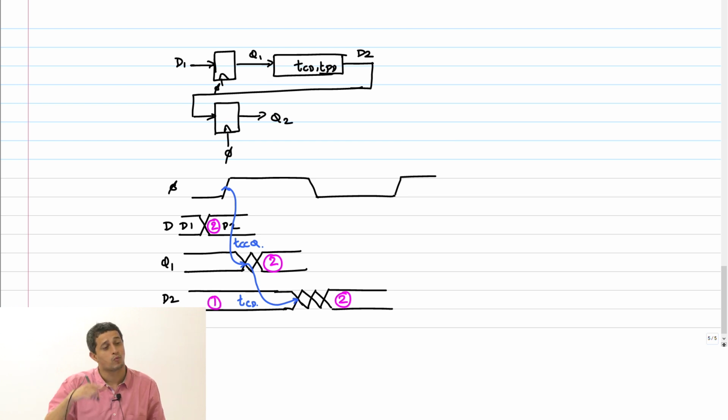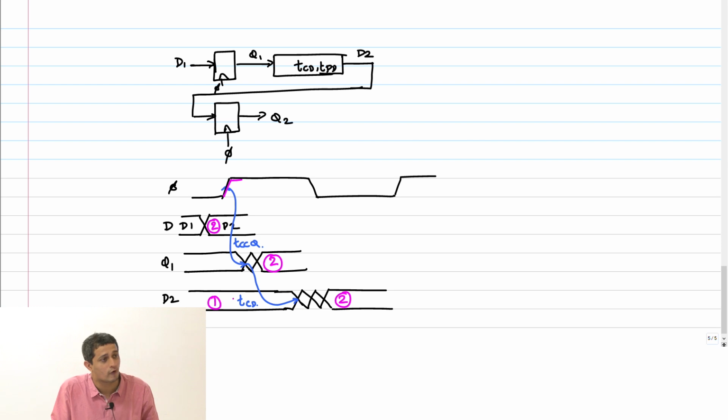Event 1 is what was sitting on D2, and that needs to be sampled for the flop F1 to hold it correctly. Remember, I am talking now at this rising edge itself. So event 1 needs to be sampled and held correctly. Event 2 should not race through and overwrite that data.